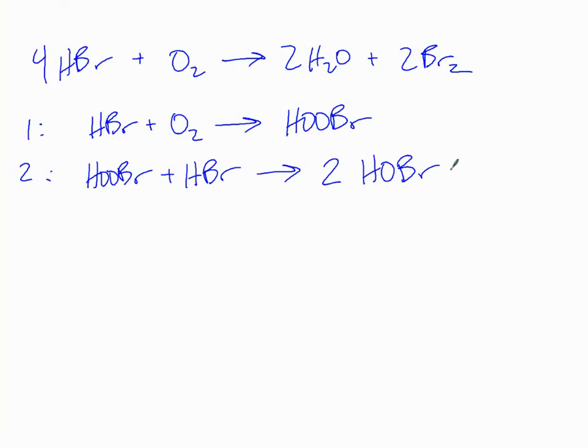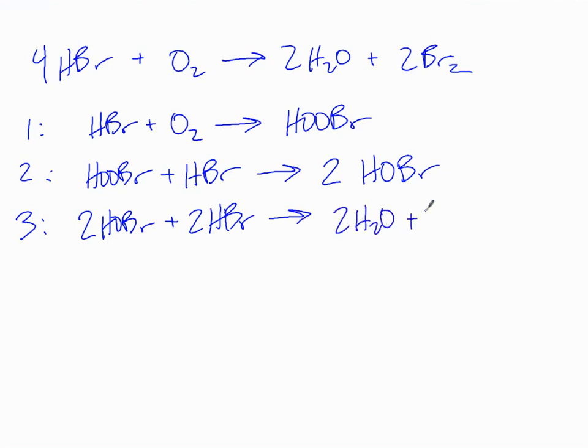And then the third step, where 2 of those products of step 2 come into contact with 2 other HBrs. And this is where we get our 2 waters plus bromines.